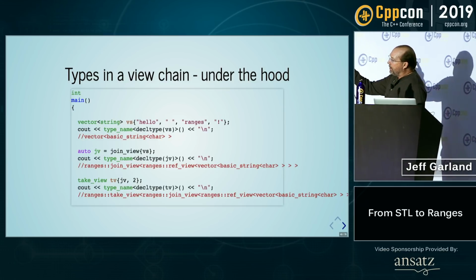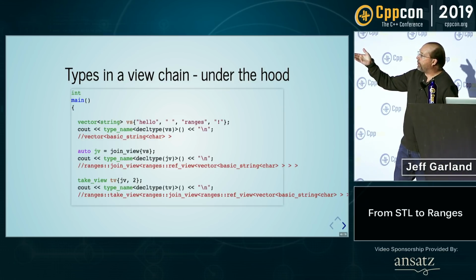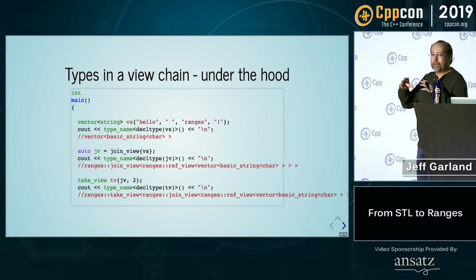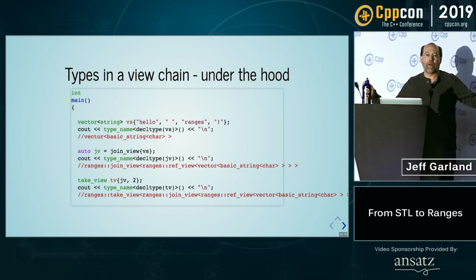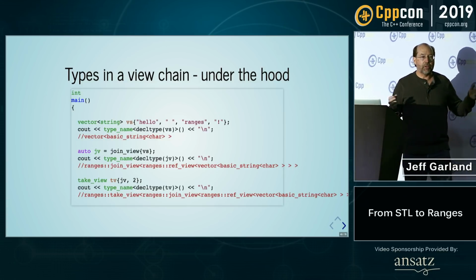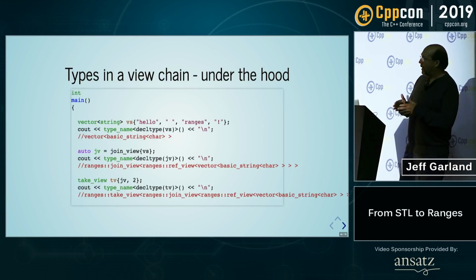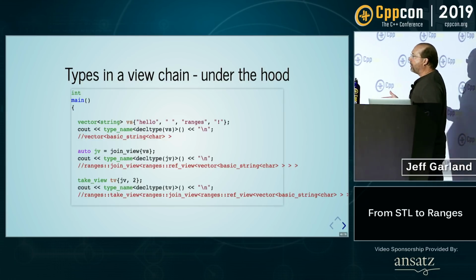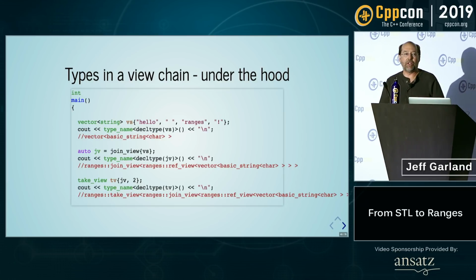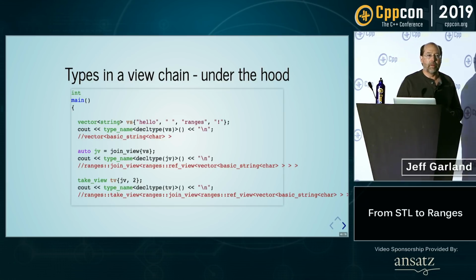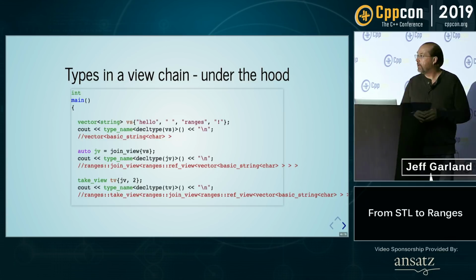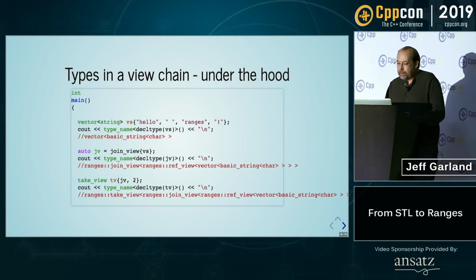And then you'll see below with take view, once again, I've wrapped that around the join view, and I'm building up a string of types that are wrapped around each other. So what you're doing when you're chaining things together is you're actually building a type. And that type knows how to execute the computation that you're trying to perform. So it's clever.